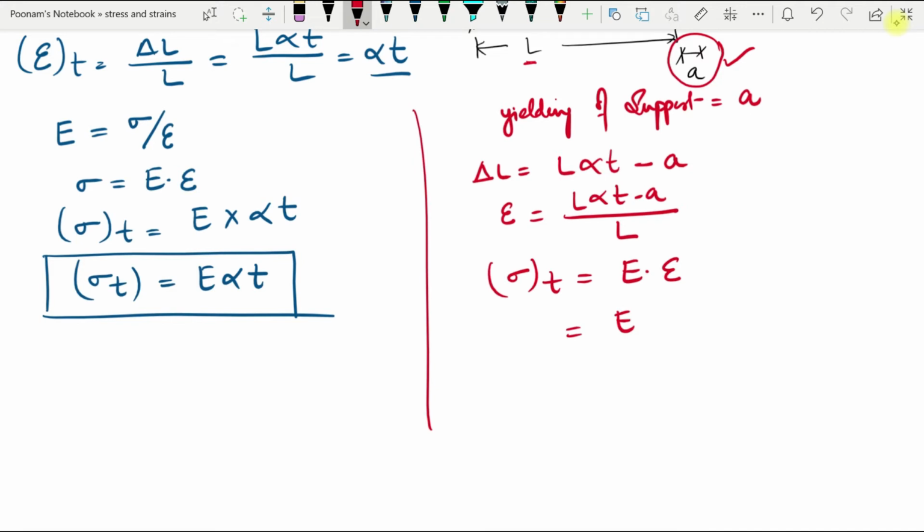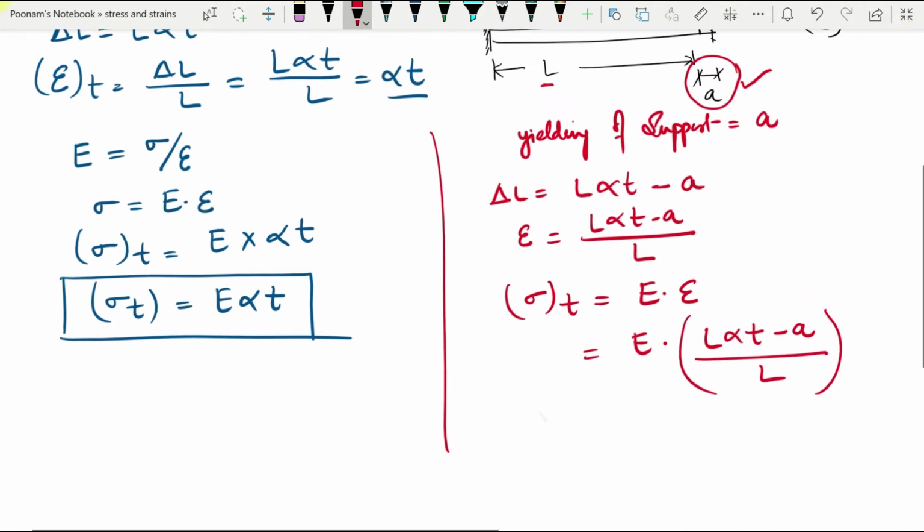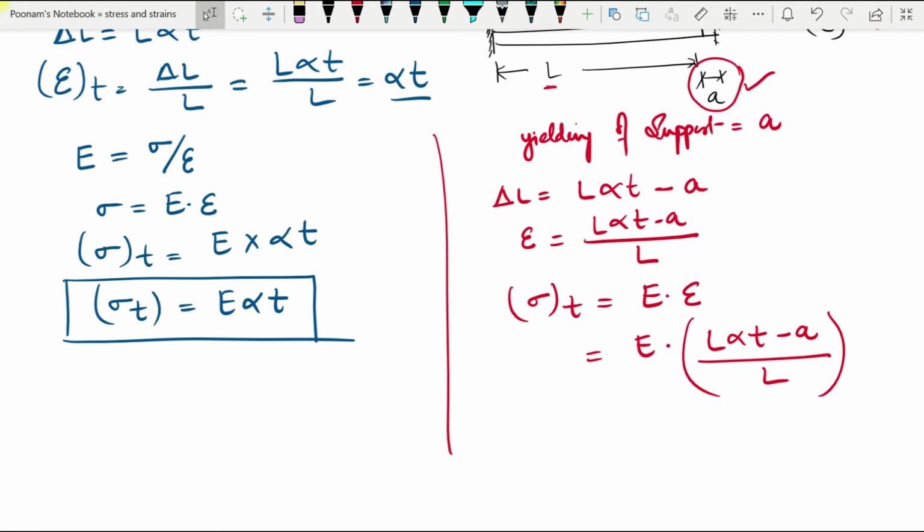So Young's modulus into L alpha delta T minus A divided by L. So this is the case when some yielding is allowed.